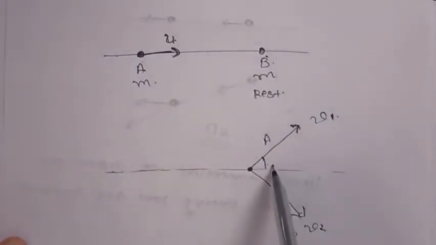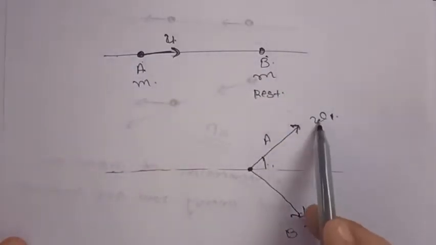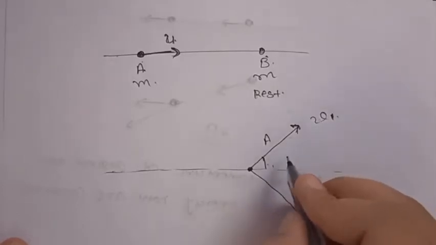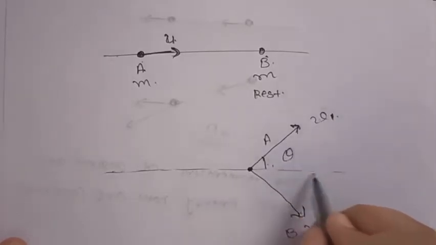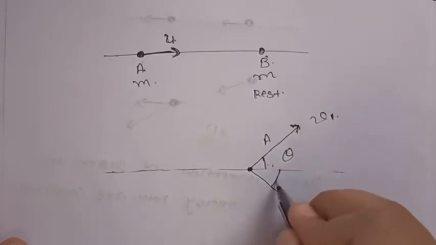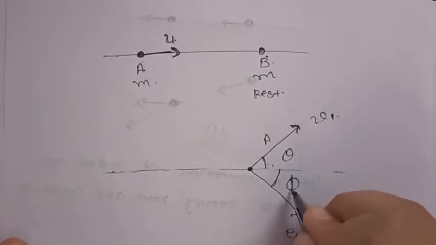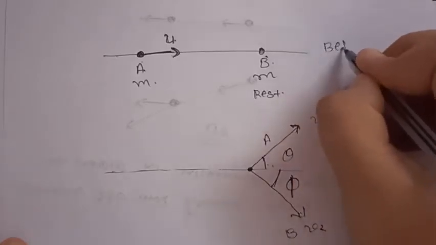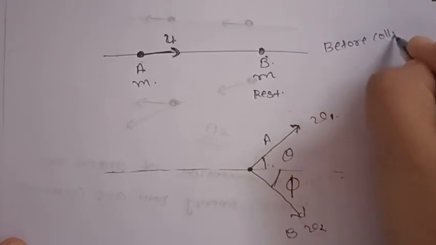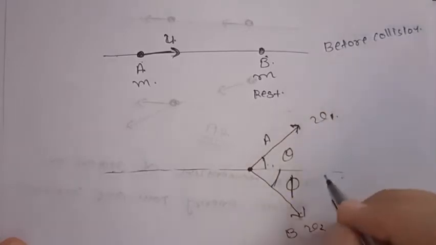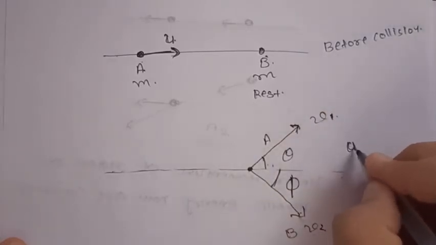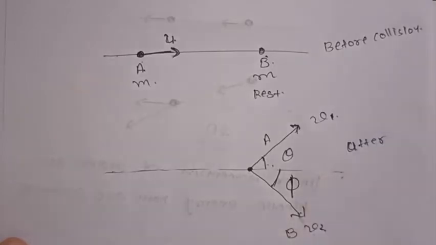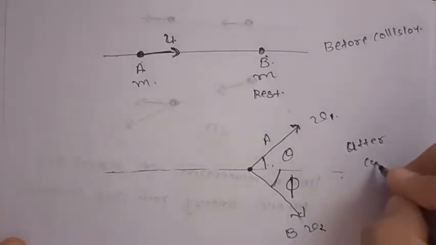So after collision, the velocity of A makes an angle of theta with the initial direction of motion, and the velocity of B, v2, makes an angle of phi with the initial direction of motion. This is the condition before collision, and this is the situation after collision.